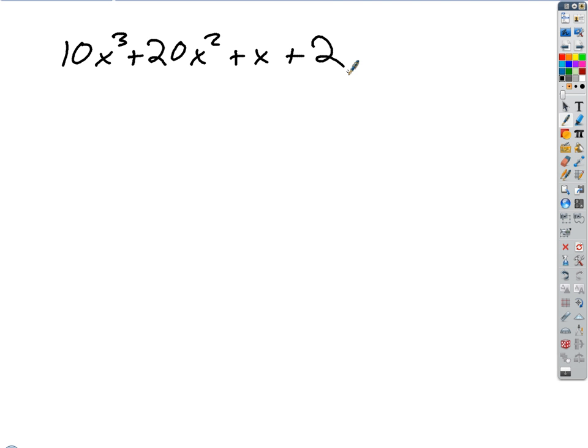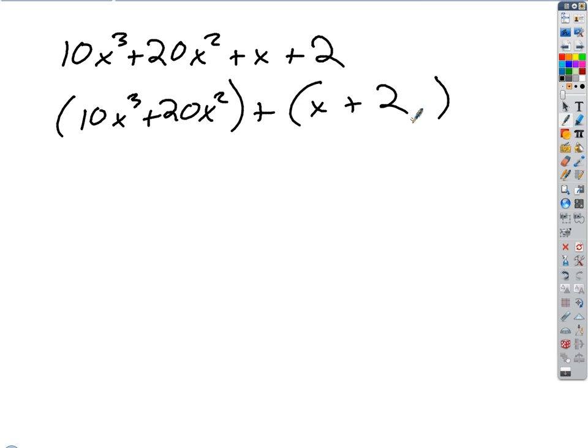So let's try it. We would just group this into 2 terms. You want to start with the polynomial in standard form. So the first group, in this case, consists of the 10x cubed plus 20x squared. The second group is the x plus 2.